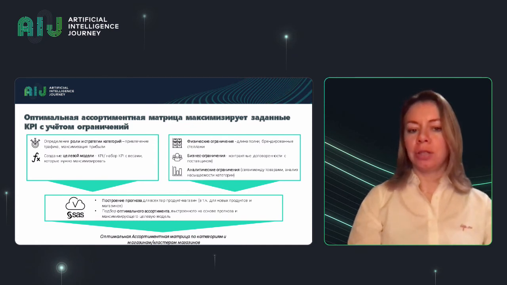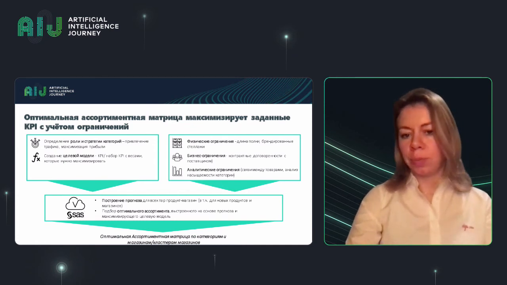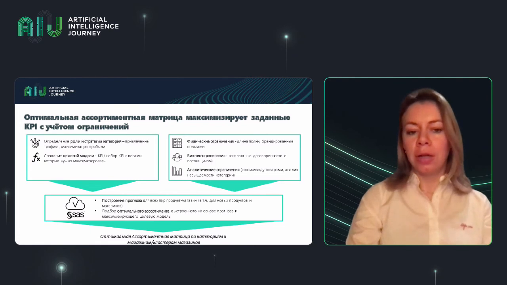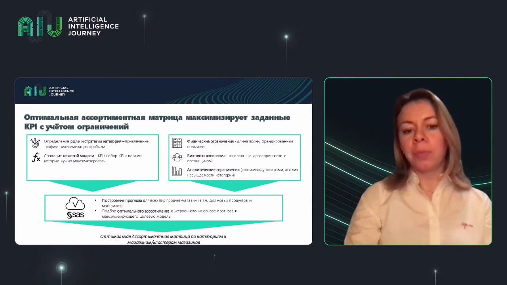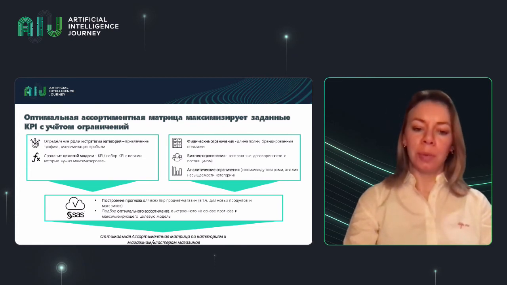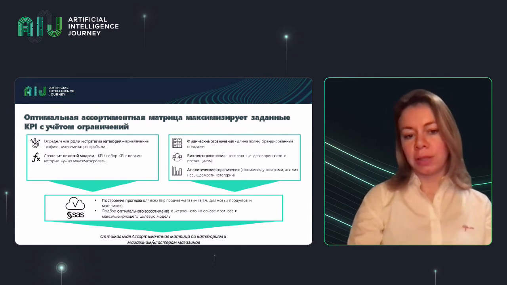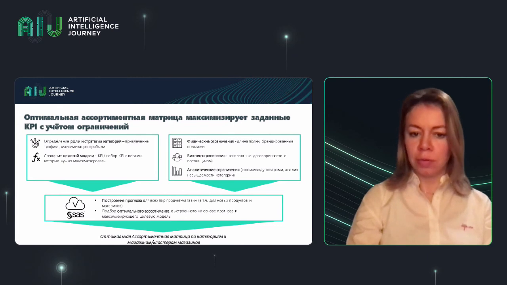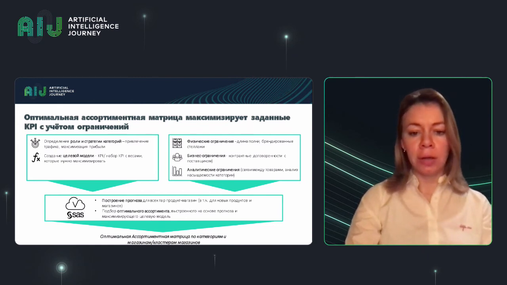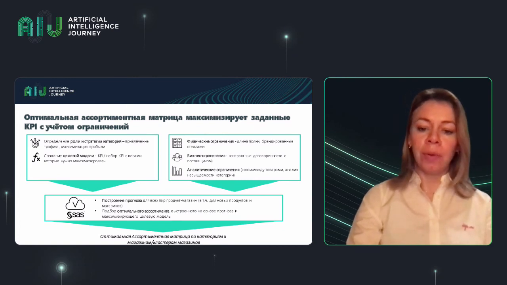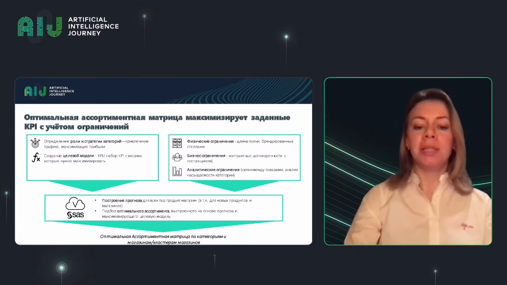Plus, there may be some analytical restrictions when we try to focus on a specific group of buyers, like those buyers who are into healthy food. For those, we would add an additional limiting factor: we must have this or that product on our shelves.